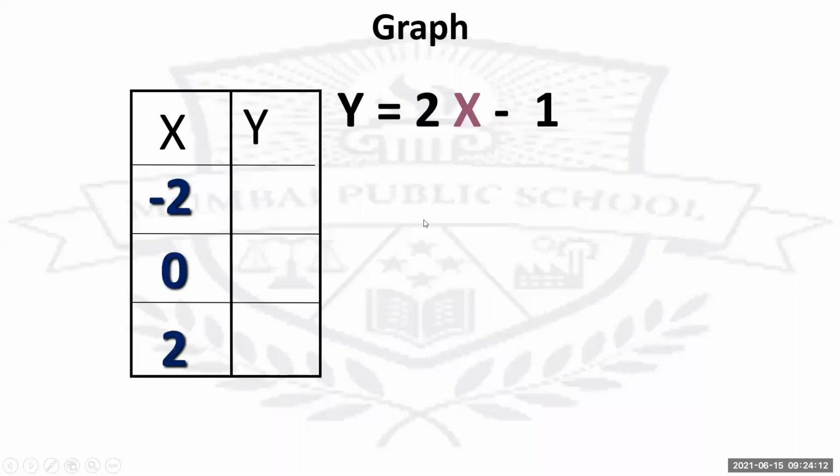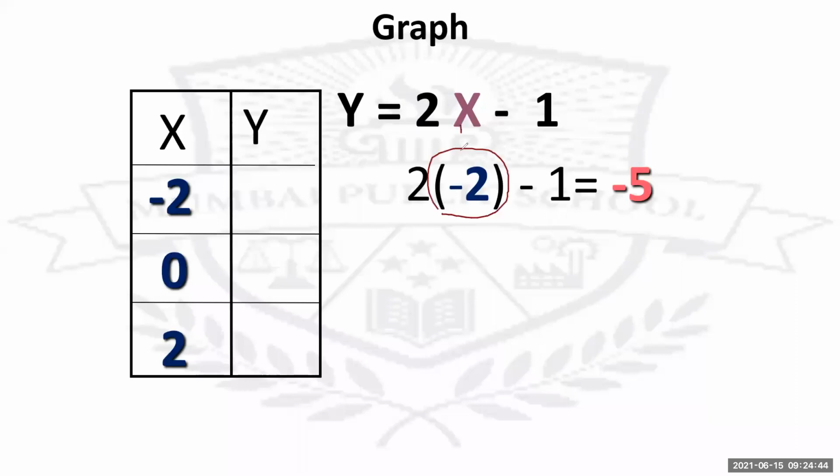You're going to substitute the values -2, 0, 2. You can substitute any values which you like. Okay, I've taken -2, 0 and 2. Now when you substitute in place of x -2, what are you going to get?